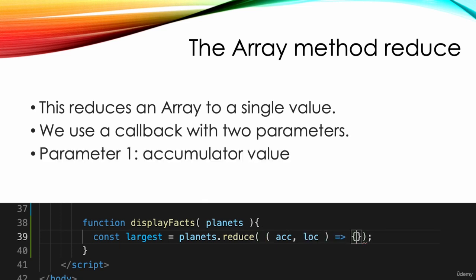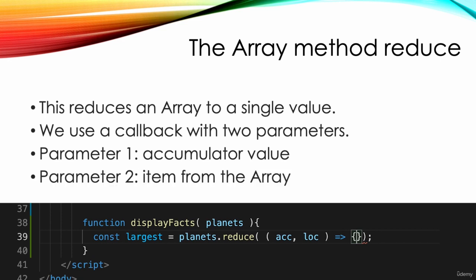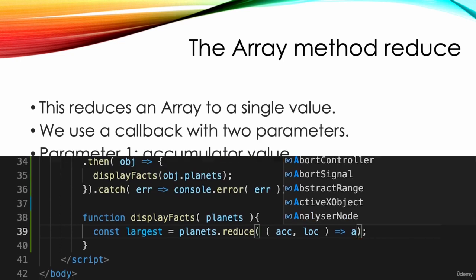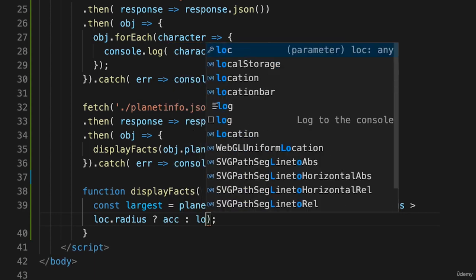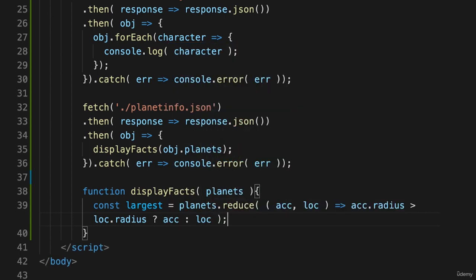Parameter 1 is the accumulator value. This is initialized to the first item in the array. Then the second parameter will be the second item in the array for the first callback. We check if acc.radius is greater than loc.radius. If it is, then we return acc. If not, we return loc.